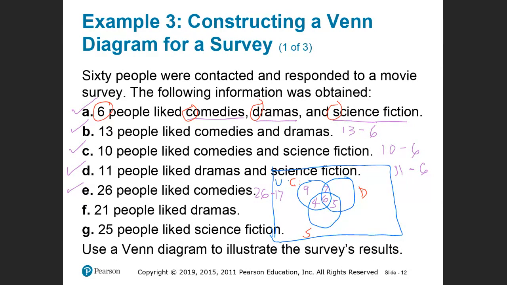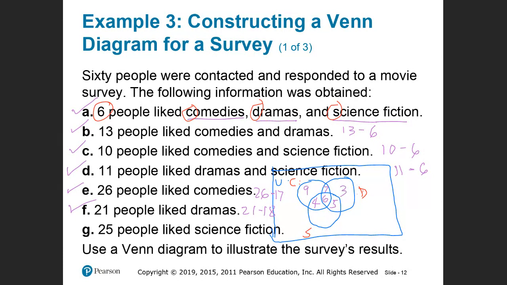Okay, for set C. Letter F, 21 people like drama, so you're looking at D. So D, that goes 21 minus whatever the intersections within D, you have 7 plus 6, 13 plus 5 is 18. So 21 minus 18, that would be 3.